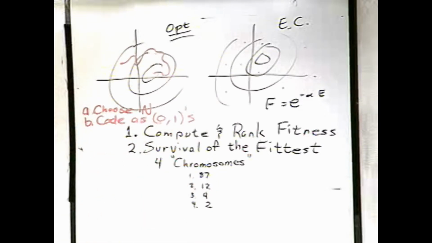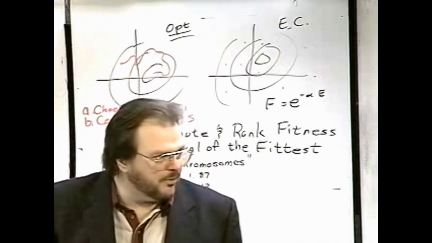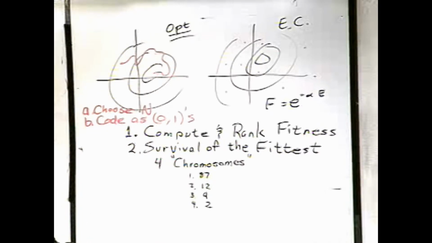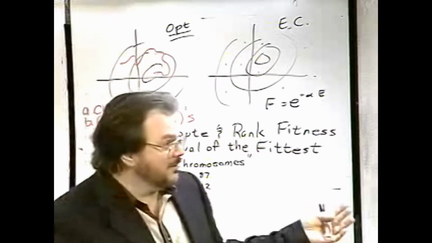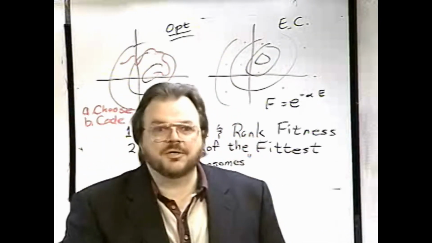What's interesting is it doesn't matter how you code it as 0s and 1s according to the genetic algorithm purists. You can use the Boolean expression, like 3 would be 0, 1, 1, or 4 would be 1, 0, 0. You can do it that way.